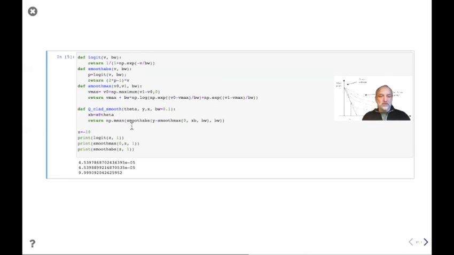Then we put all this together, and the only difference from before is that before I would say max here and abs here, and now I just added these smooth functions instead.